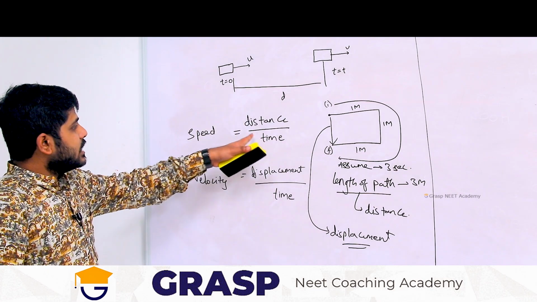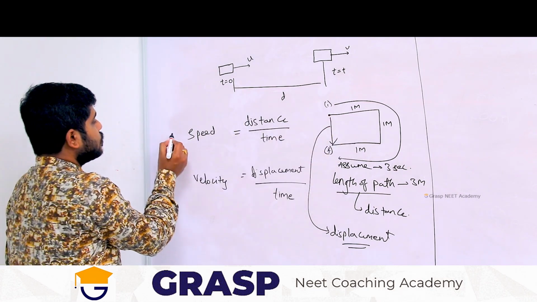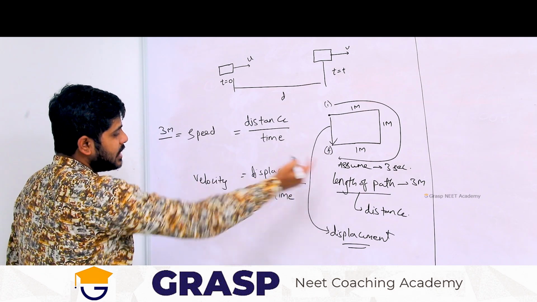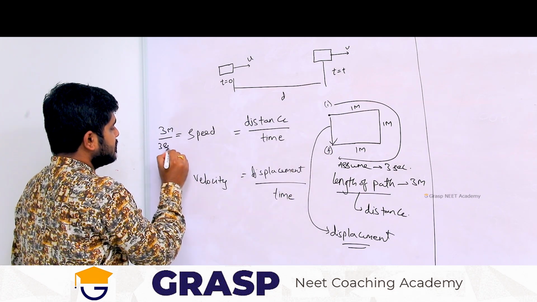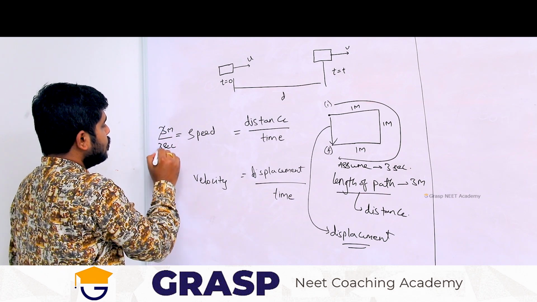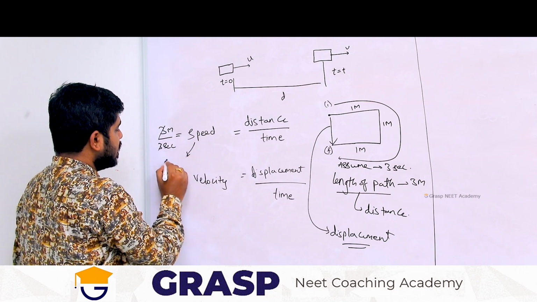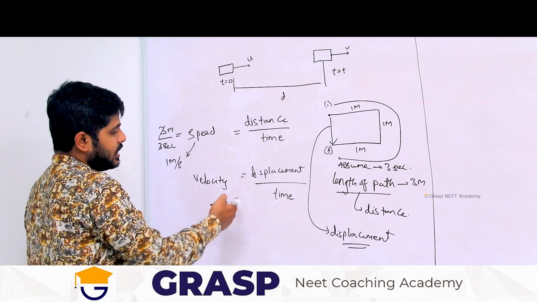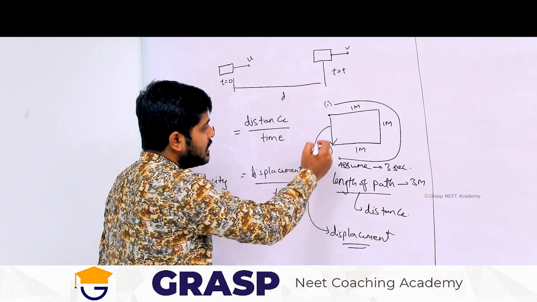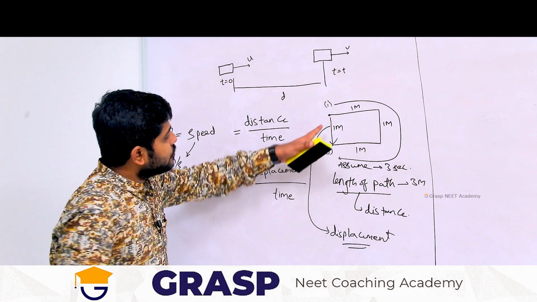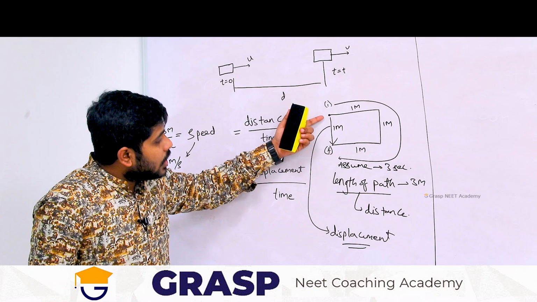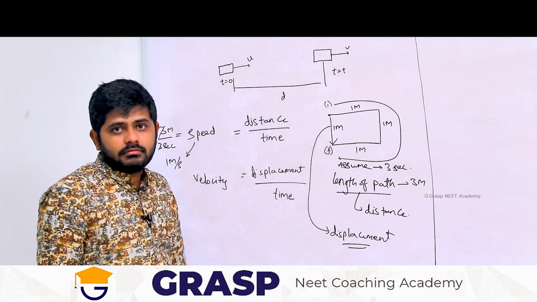Now for speed, the total distance travelled is 3 meters upon total time taken of 3 seconds, so speed will be 1 meter per second. But for velocity, the displacement is 1 meter only, because drawing a line directly from initial to final gives 1 meter.